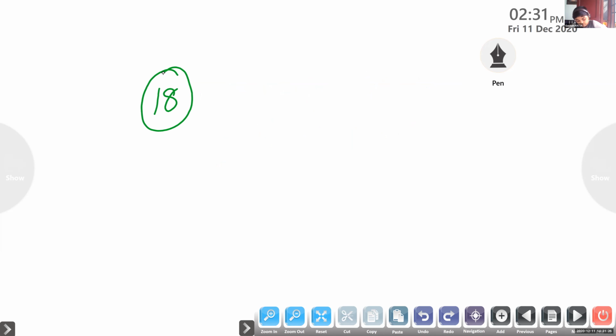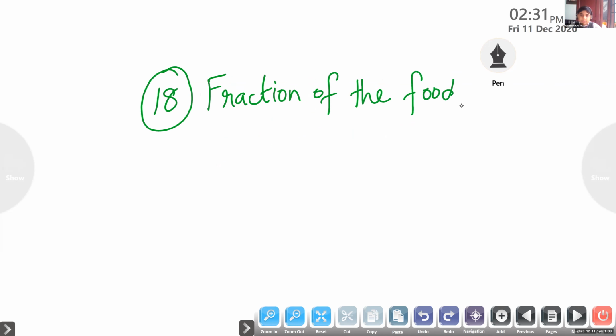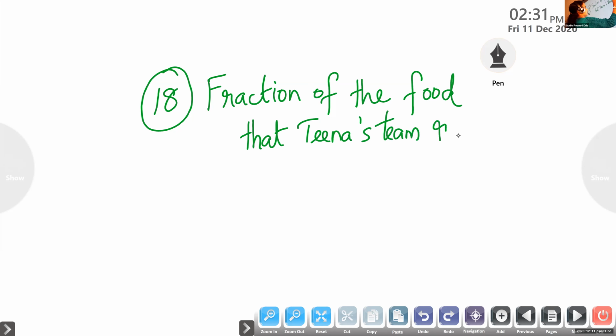Fraction of the food that Tina's team received. How much? That is 2 by 7.